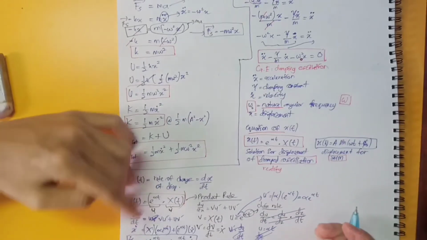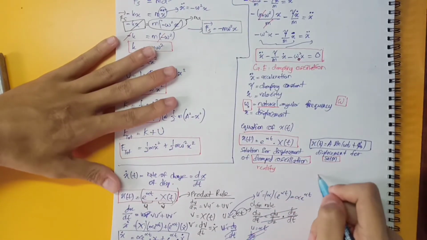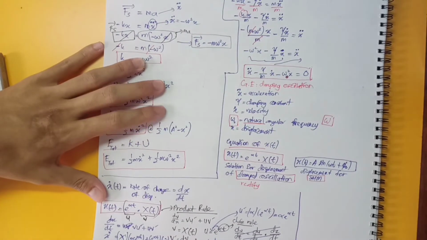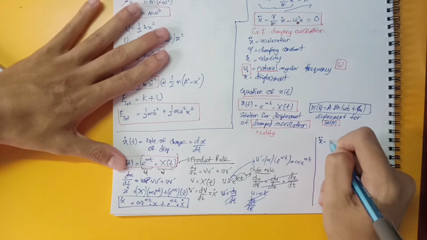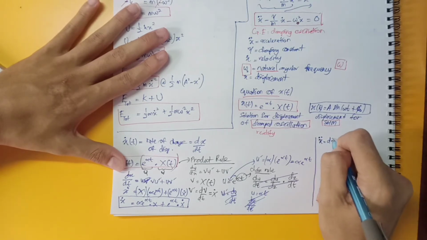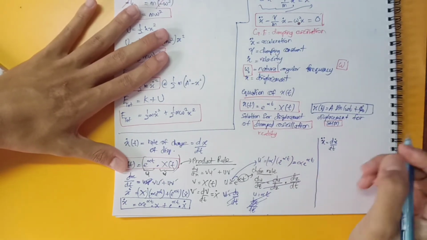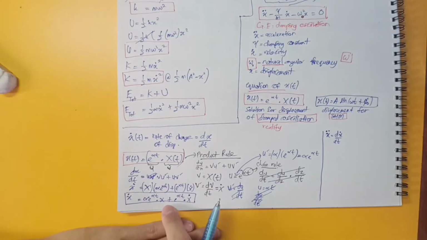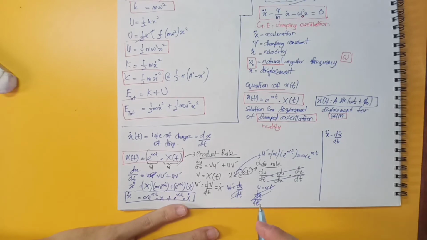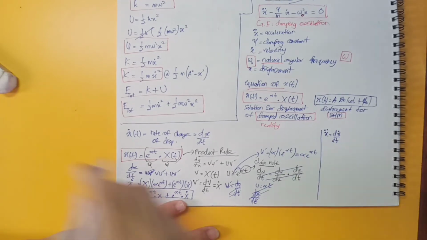Now let's look at x double dot, which is the acceleration, and it is equal to the rate of change of velocity, right? So we have to differentiate this equation with respect to time.